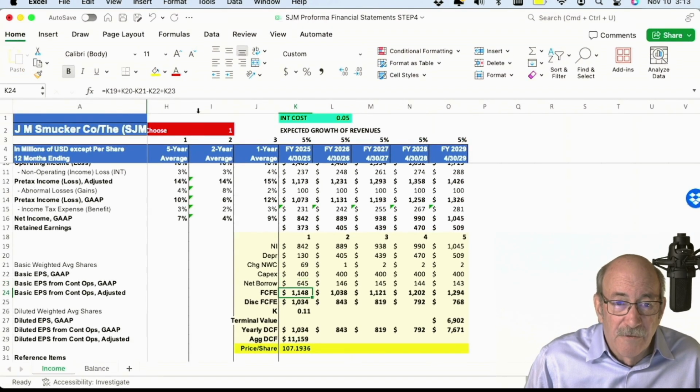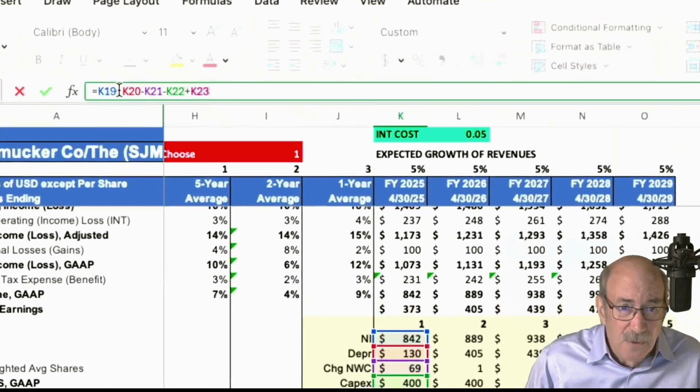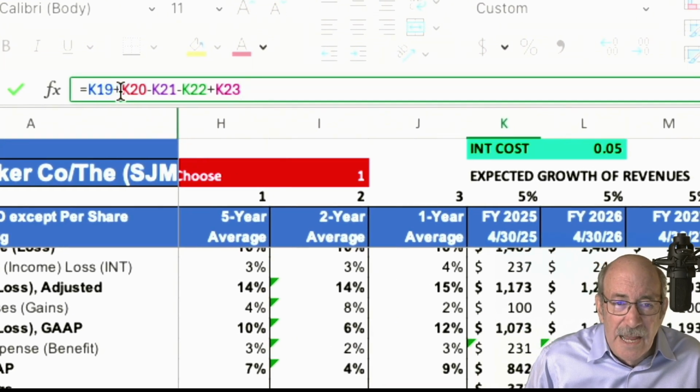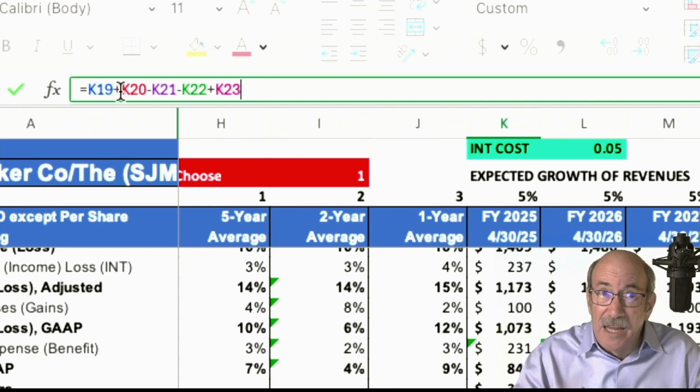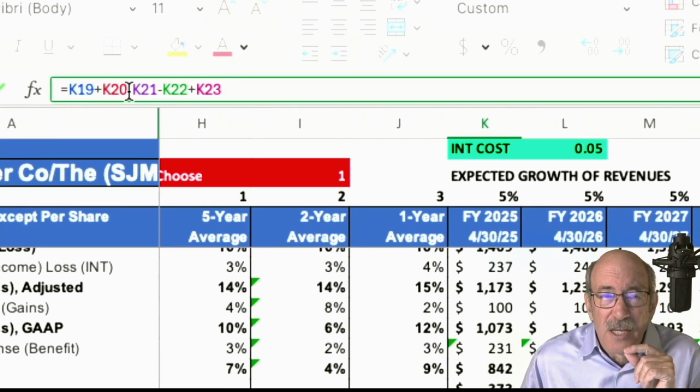Now, finally, my formula for free cash flow to equity. I take my net income, which is K19, and I add back the non-cash expenses, depreciation in this case, out of K20. I subtract the increase in net working capital.